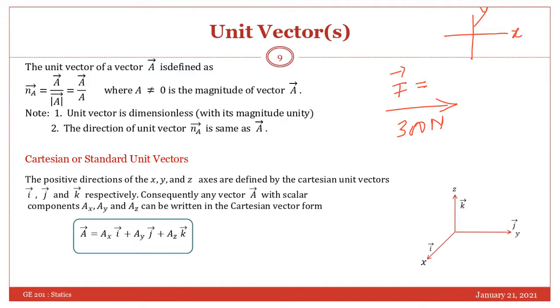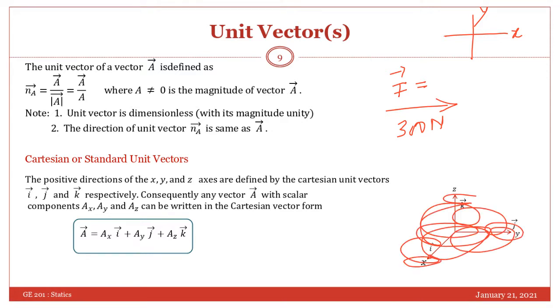You see, this is the force which is acting in the positive x direction. So this will be equal to what? Unit vector in the positive x direction is i. It's 300 multiplied by i. Yes, very good. So this is the force vector.